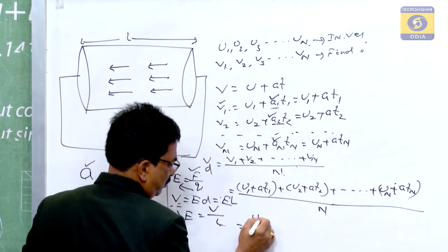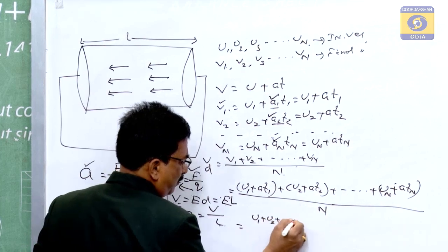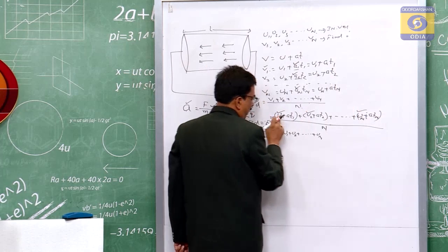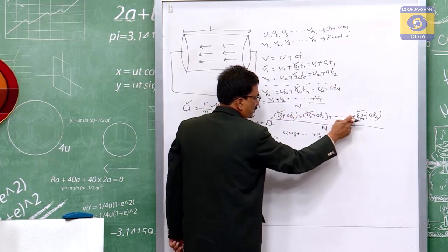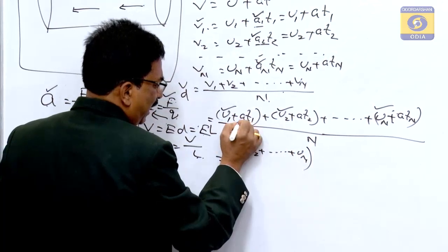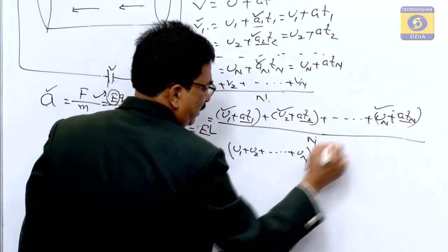So this is equal to U1 plus U2 up to UN. I have taken all the first terms together, then A T1, A T2, A T3.